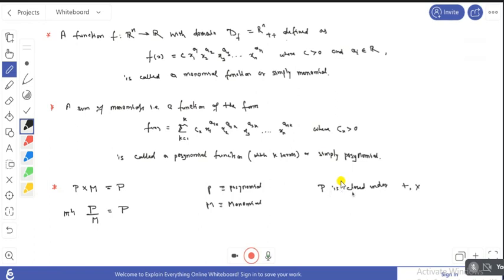Similarly, a polynomial over a monomial, P over M, is always a polynomial. So polynomials are closed under addition and multiplication: the sum of two polynomials is a polynomial, and the product of two polynomials is also a polynomial. And monomials are closed under multiplication and division.